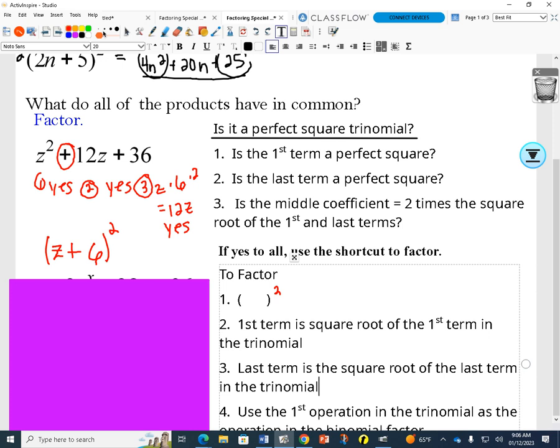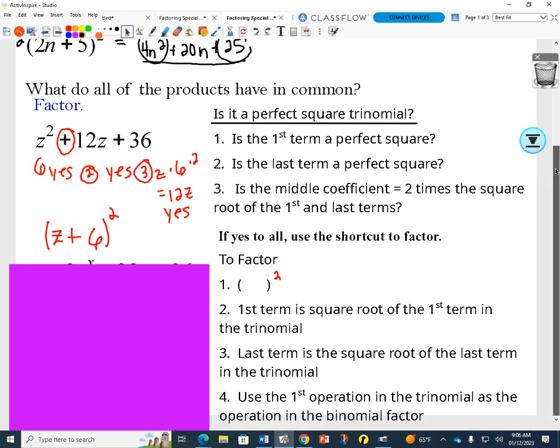And we're going to use the first operation in the trinomial as the operation in our binomial factor. So we are going to use these steps and do one other example.